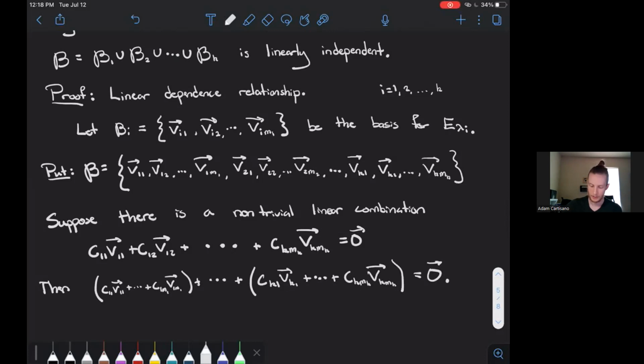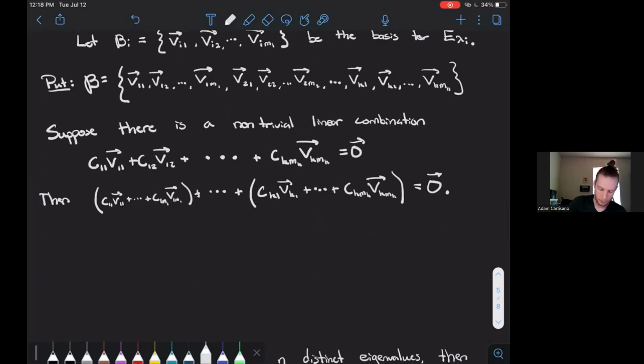Now put xi equals ci1 vi1 plus dot dot dot plus cimi vimi for each value of i.